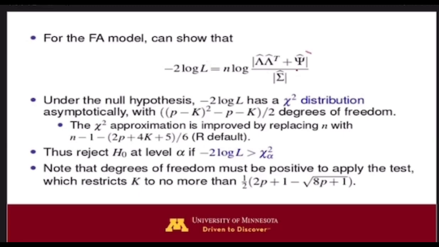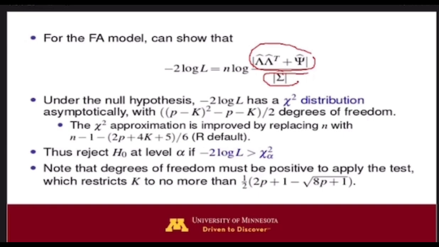One, that very guy is the covariance implied by the factor model, while this guy in the denominator is the observed sample covariance. We are looking at the ratio of the two.